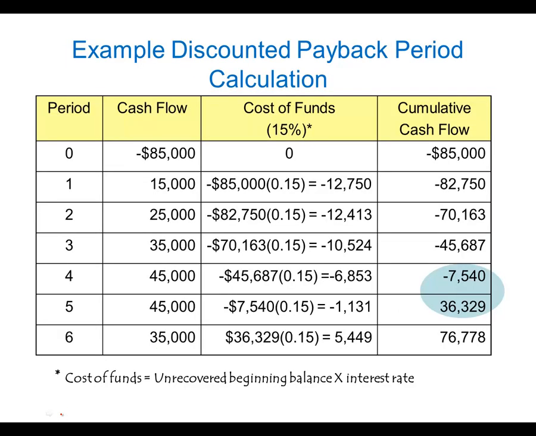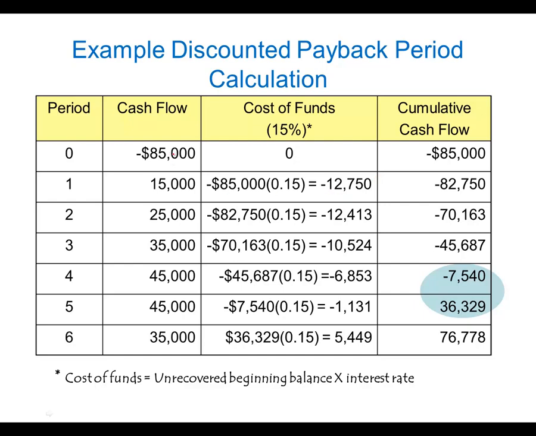This is an example of a discounted payback period calculation, and in this example we are not just subtracting the 15,000 from the 85,000 to know exactly how much we still have on the account, but we have to consider the 15% interest rate, which will give us $12,750 on top of the 85,000 as interest.